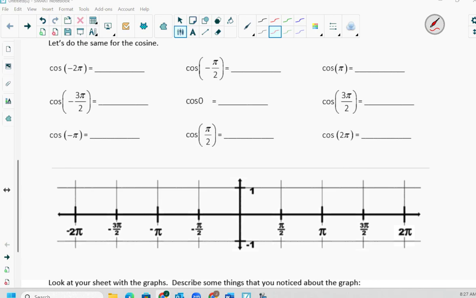Negative 5 pi over 4. Negative 4 pi over 3. That'd be negative 3 pi over 2. Over 6 and all the way back around. Does that make sense? So it's just like a circle flipped, going backwards.